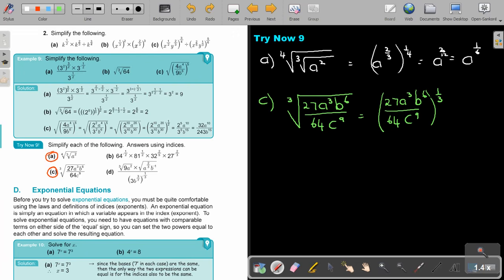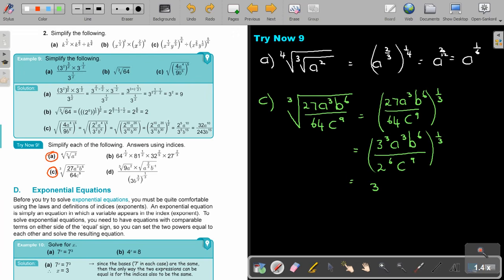Now, as soon as I take it out, you can quickly write 27 and 64 in their prime factors. If it's 27, can you still remember? That will be 3 to the power of 3. a cubed, b to the power of 6. 64, what is 64? 2 to the power of 6. c to the power of 9. Now I can just multiply it in.